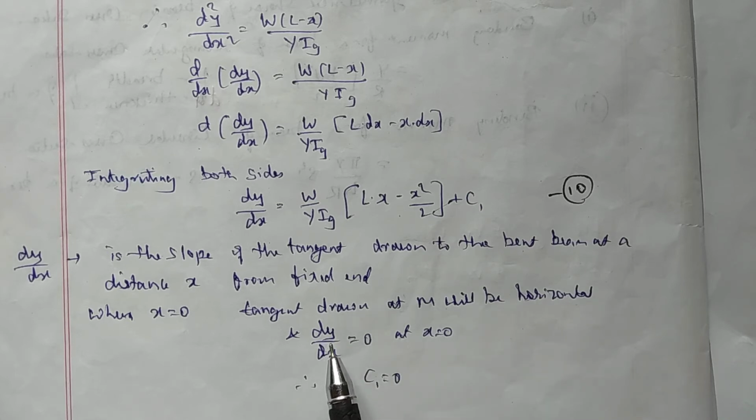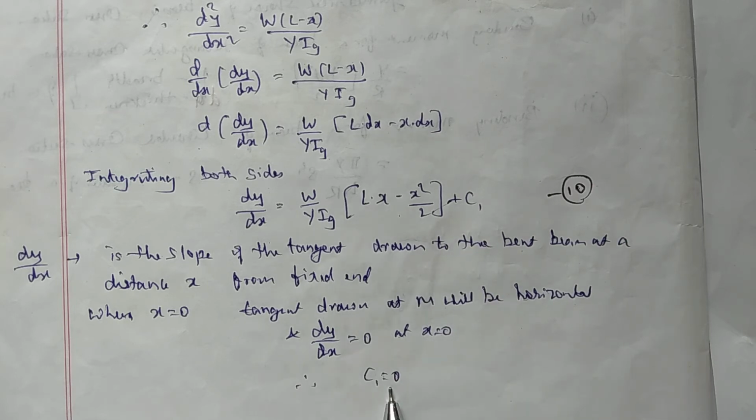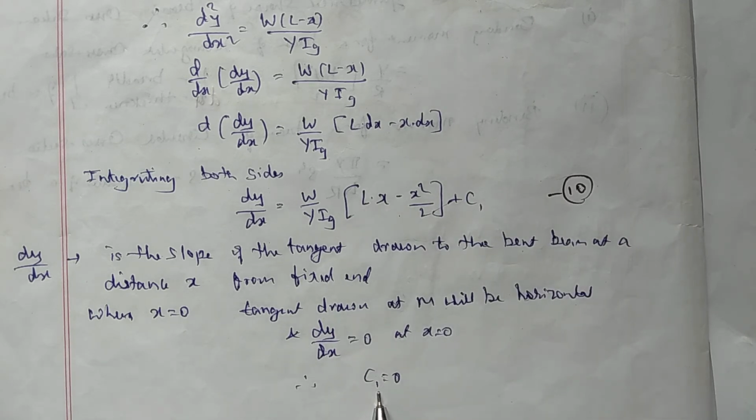Therefore dy by dx is 0 at x is equal to 0. At the fixed end the slope is equal to 0. Therefore, substituting dy by dx equal to 0 at x equal to 0 in equation 10, we get the constant c1 as 0.